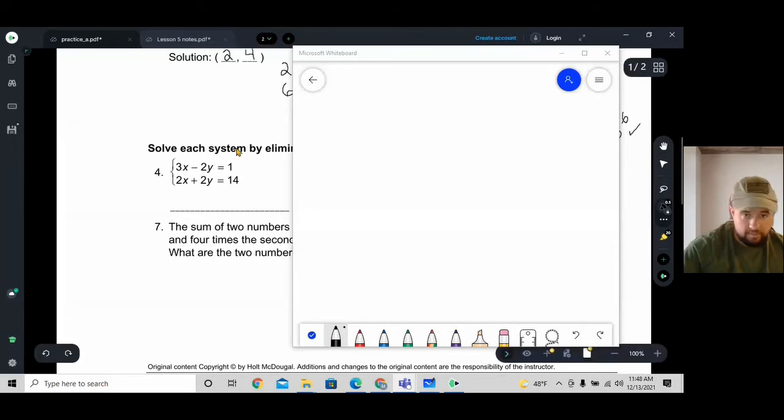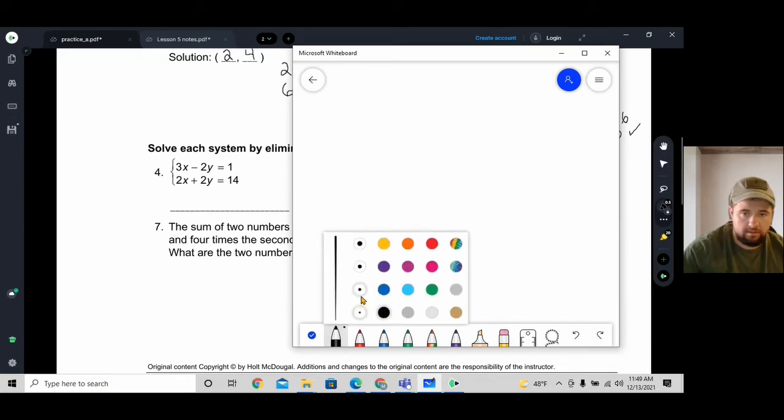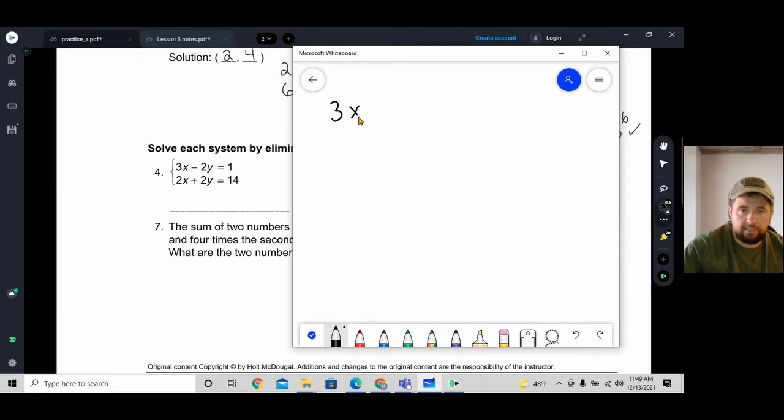All right. We're going to look at this first one right here, 3x minus 2y equals 1, 3x plus 2y equals 14. I'm going to rewrite it over here where I have more space. 3x minus 2y equals 1, and 2x plus 2y equals 14.